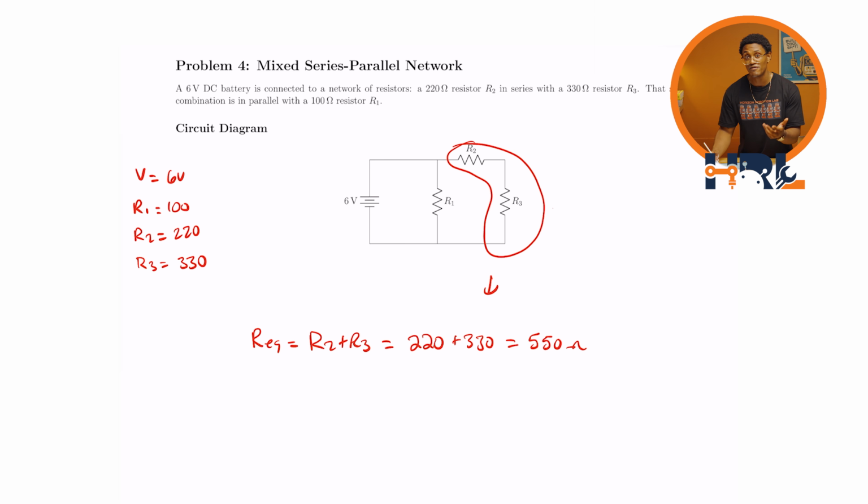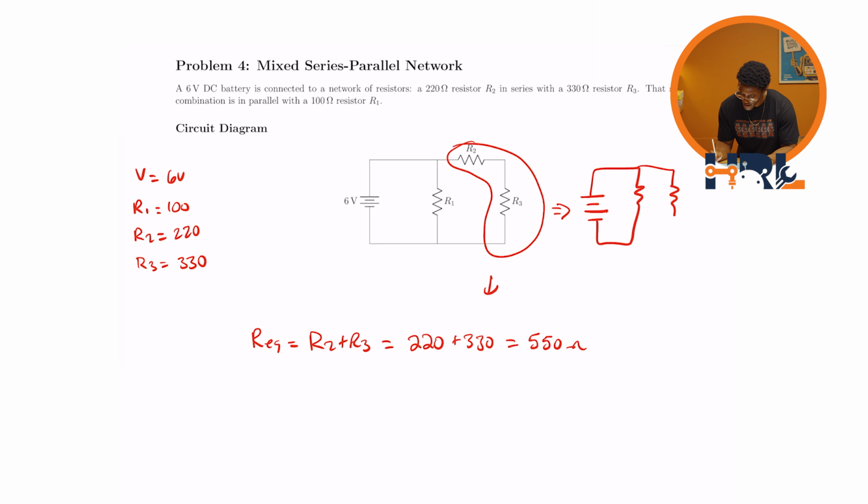So if we were to simplify this circuit, we'd have a 6-volt battery connected to 2 resistors in parallel, R1 on one branch and R equivalent on the other branch. Now we have a simplified parallel circuit, so we can combine that into just one.